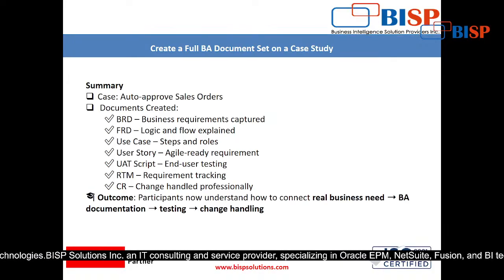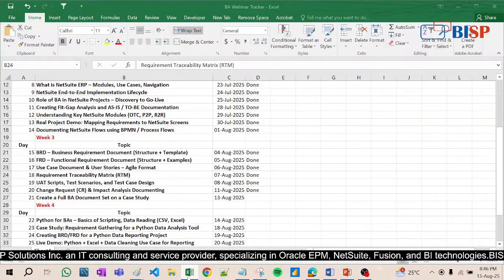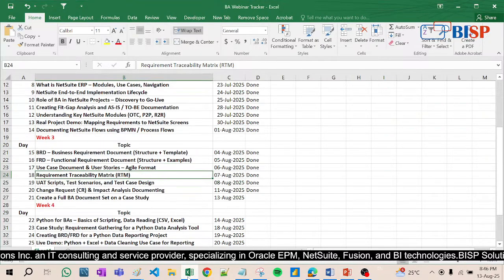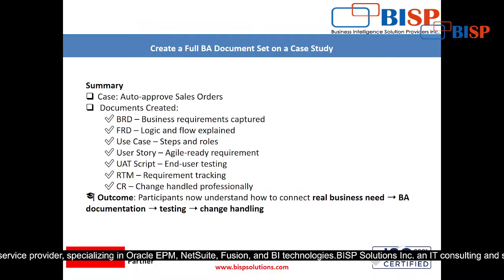and today we will wrap up here only, and we will close the session here, and tomorrow we will see Python for BA, business analyst, right? Now see, so far we have seen end-to-end project implementation for the NetSuite project.